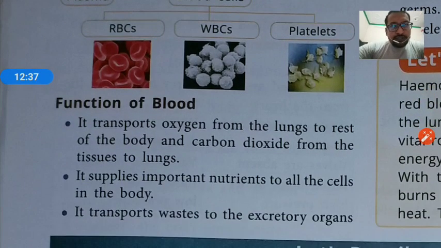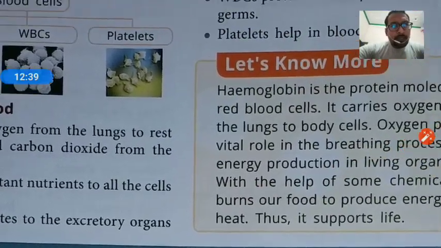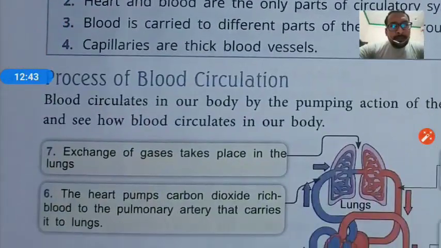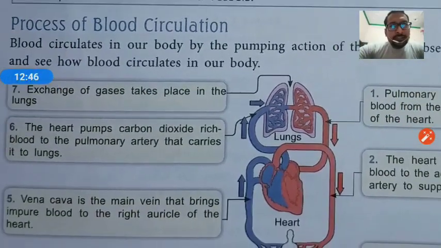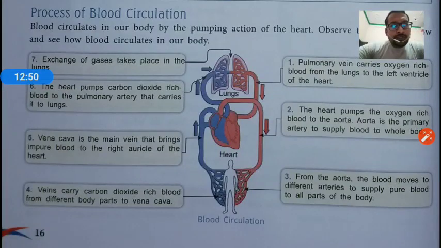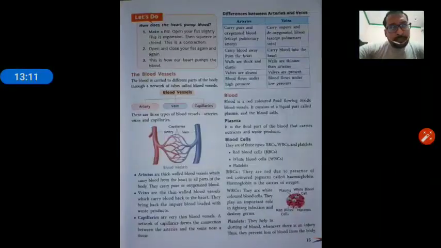You practice functions of blood. Learn it and revise it. Then today we have discussed the process of blood circulation. You draw this diagram, write all the points and learn it. The question can be like, explain in detail the process of blood circulation. So this also practice.